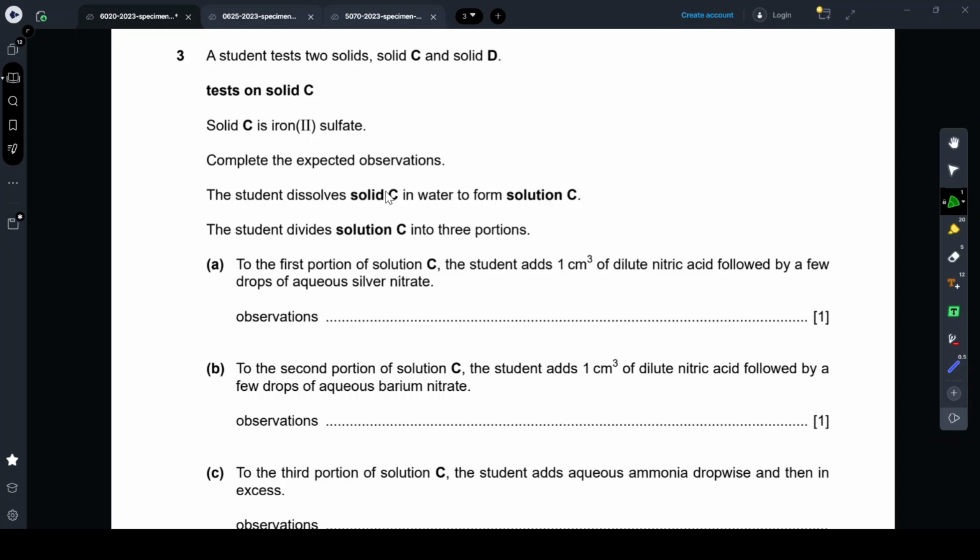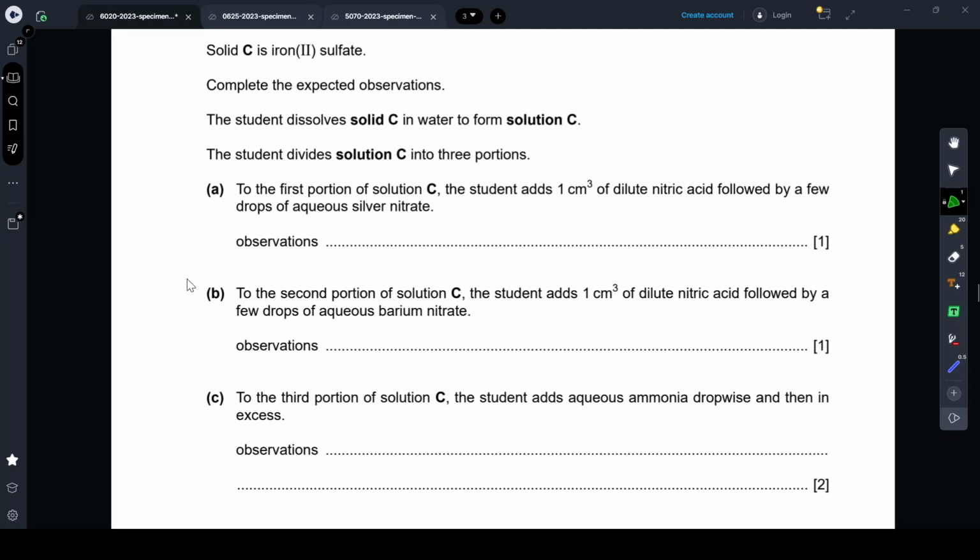The student dissolves solid C in water to form solution C. The student divides solution C into 3 portions. To the first portion of solution C, the student adds 1 centimeter cube of dilute nitric acid, followed by a few drops of silver nitrate.